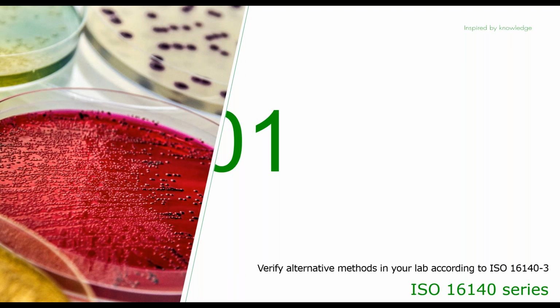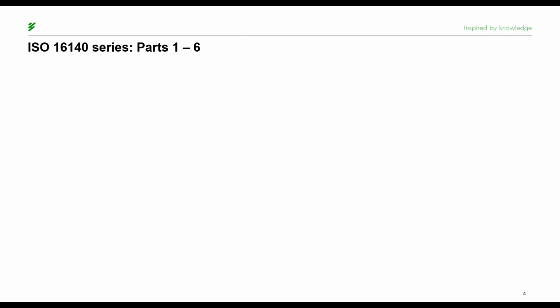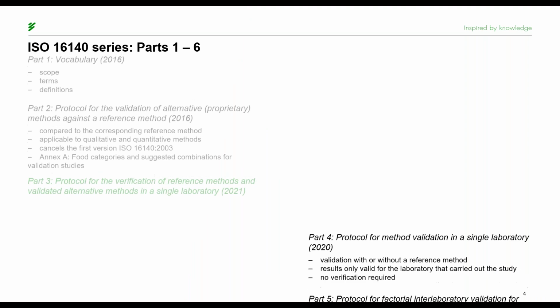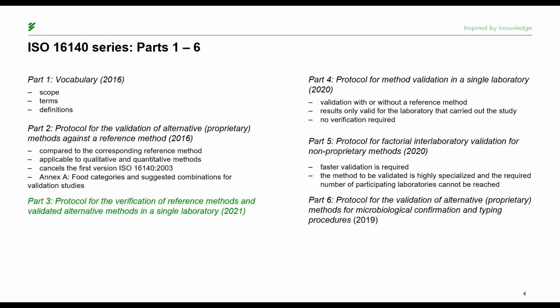So, as I mentioned, we're going to start with the series of ISO standards to have a better idea about the information that we can find in these documents and which part we have to go to depending on our objective. There are 6 parts that make up this series of ISO 16140 standards.